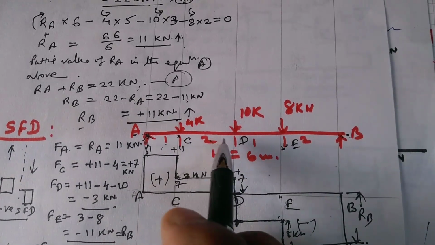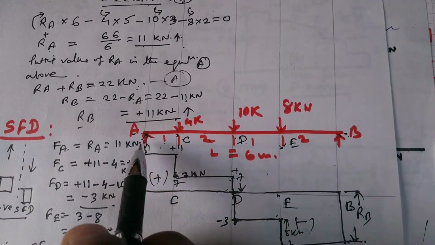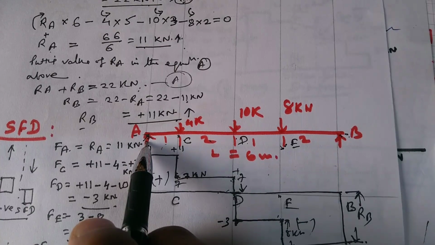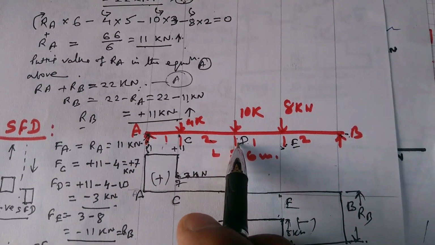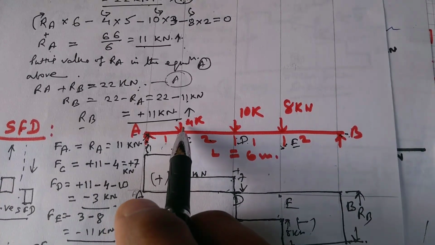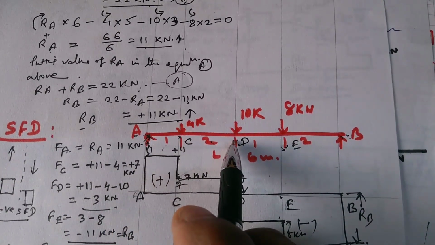And for the bending moment at D equals this load, clockwise plus, into this distance 3, again minus 4 into 2, this is hogging.